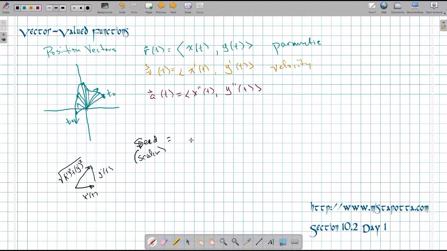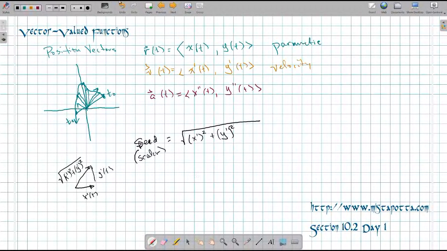So my speed component, my scalar, is going to be the square root of x prime squared plus y prime squared. So I have these different things that I can do to determine the position or the speed or the acceleration or the velocity at a particular time t.